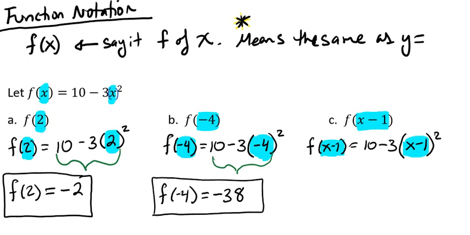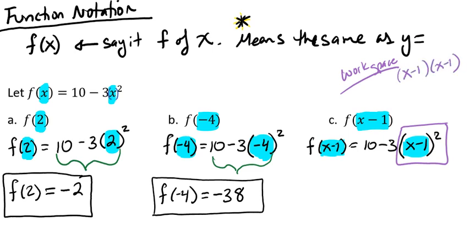Notice that here we have this x minus 1 quantity squared. So we kind of need to distribute that, FOIL that out. So I'm going to make a workspace right there, where I'm going to take my x minus 1 and my x minus 1. And remember that that's where I got that from, right? Right there. That's the same thing.